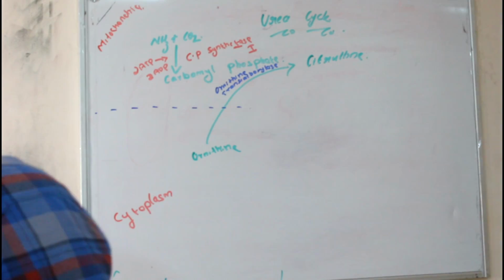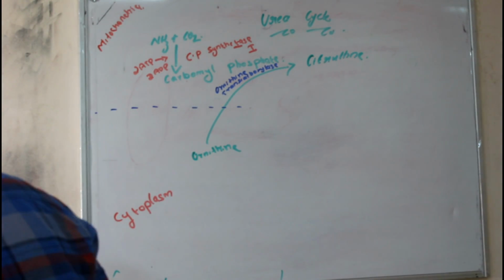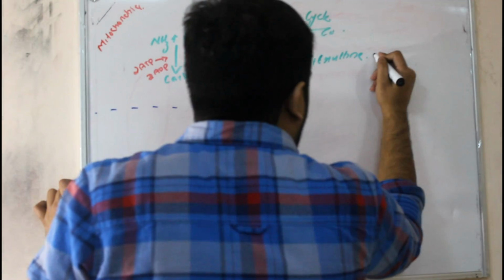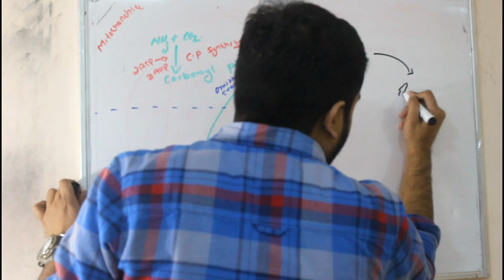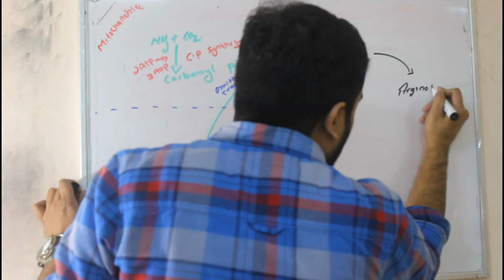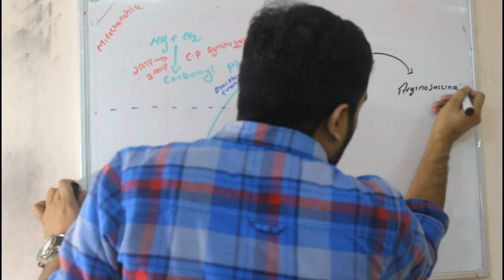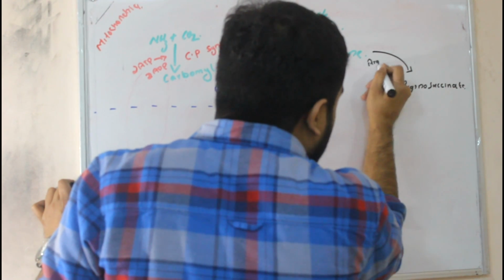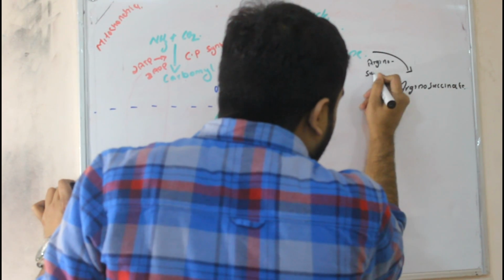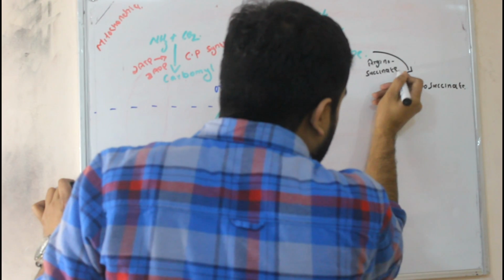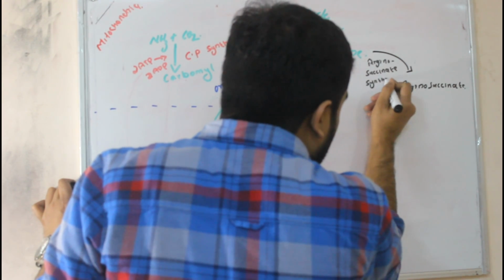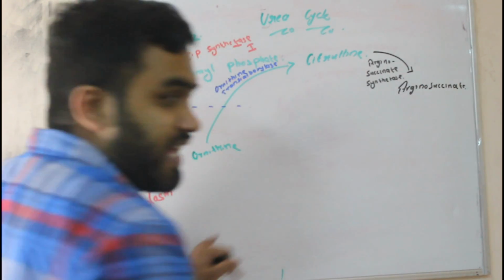Now citrulline will be converted to argininosuccinate. Here the enzyme will be argininosuccinate synthetase. Why synthetase? Here also we are using energy.